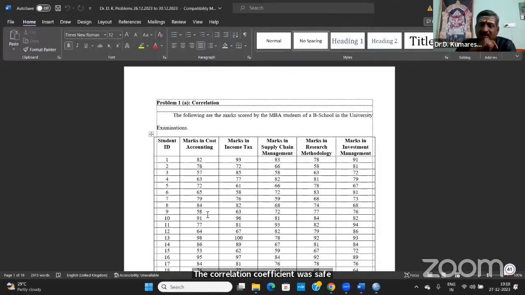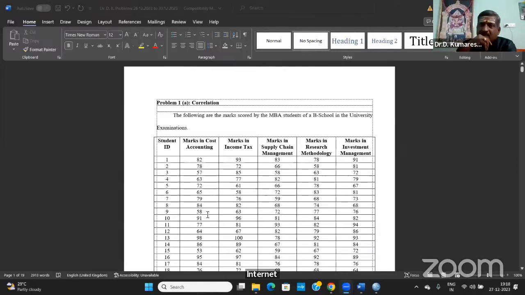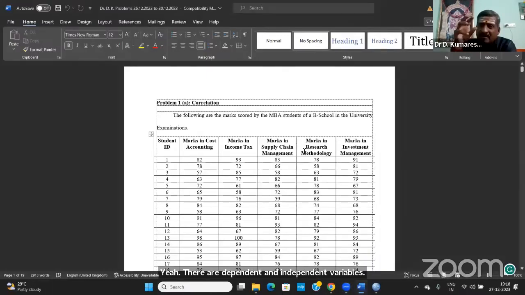Here, the variables are not interdependent. There are dependent and independent variables.